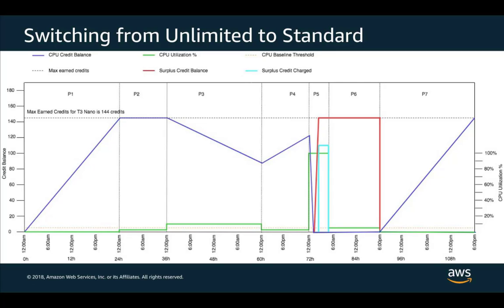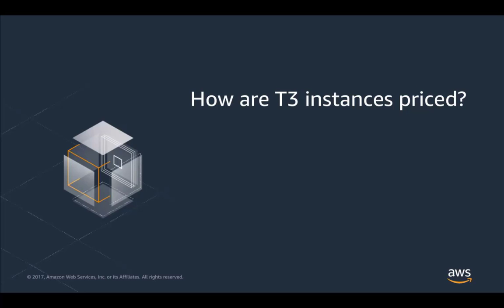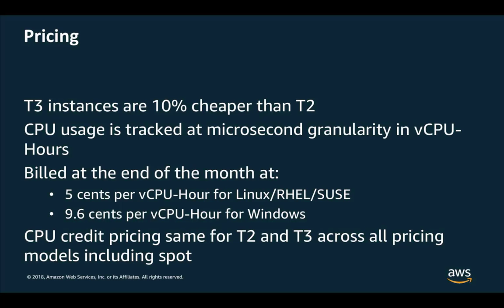Okay, now let's look into how T3 instances are priced. Overall, T3 instances are 10% cheaper than T2. Windows prices are calculated based on the number of vCPUs per instance and the baseline performance per instance size.